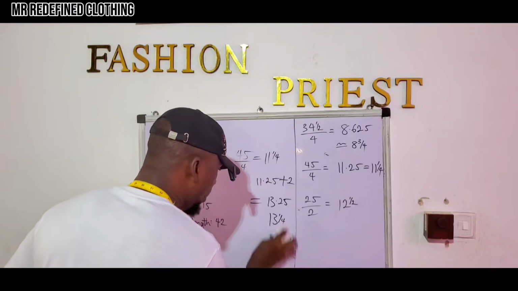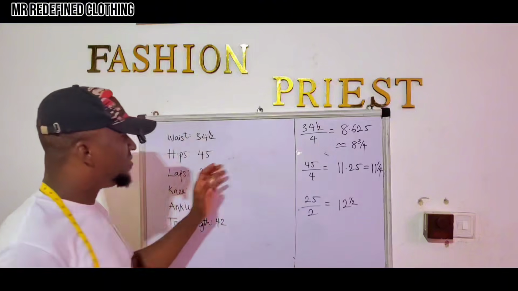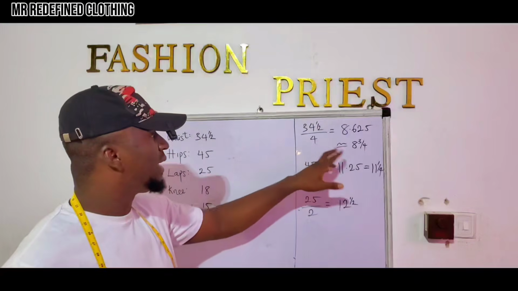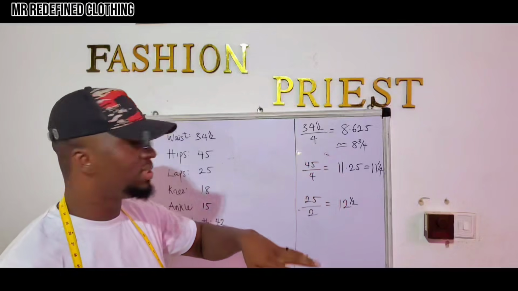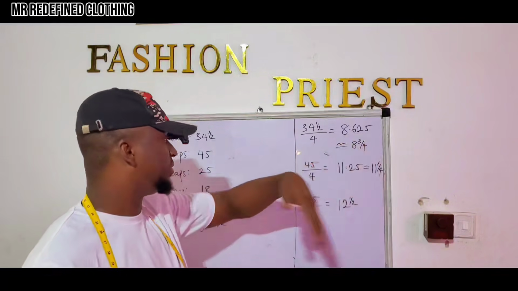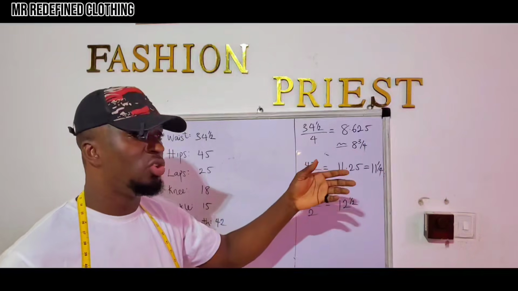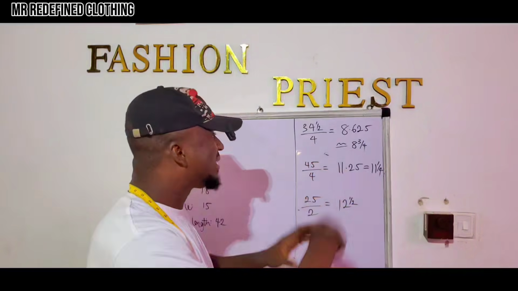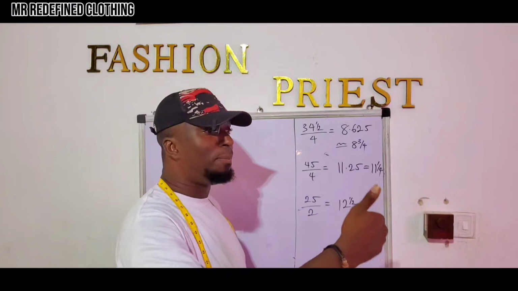Before we proceed to the drafting proper, I took my time to divide these values so that you will get it clearly when we refer to them on the drafting table. The waist divided by 4 is 8.625. Roughly, you can mark 8.75 when you're marking. When you're drafting, you must not really mark the exact value. Once you have a decimal place, just place it.